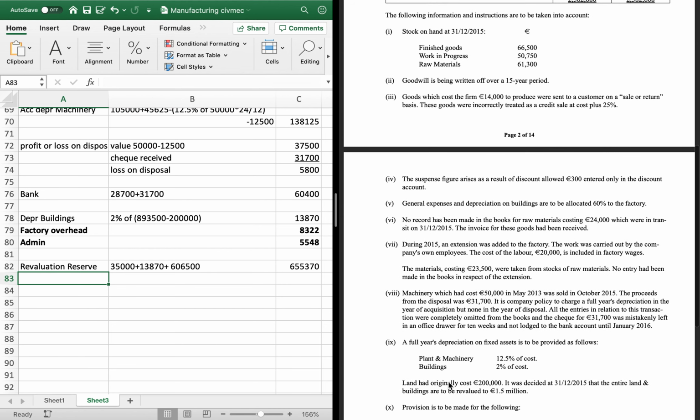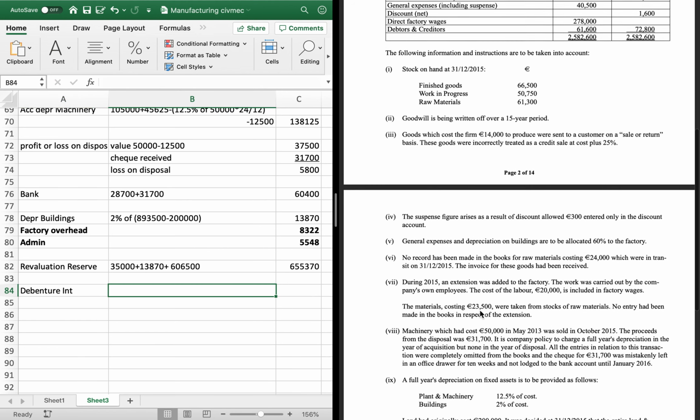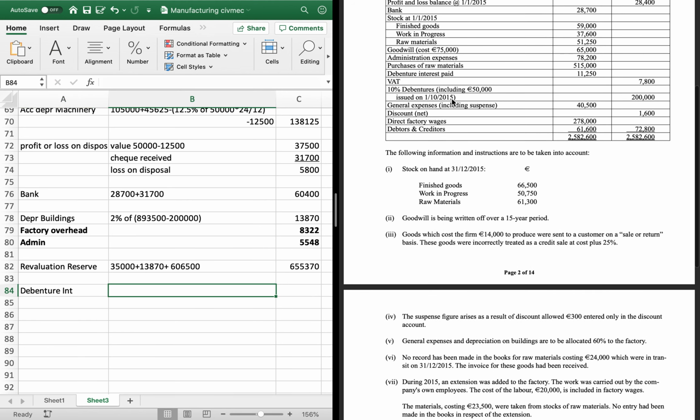Okay, so that's that. Don't mind the land. Provision to be made for debenture interest due. To find debenture interest due, you first have to find the debenture interest. We'll go up and see that there's 10% debentures, including 50,000 issued on the 1st of the 10th month. So you don't have the first 50,000 for the first 9 months of the year. So it's 10% of 150,000 by 9/12. That's 15,000 by 9/12, which is 11,250.